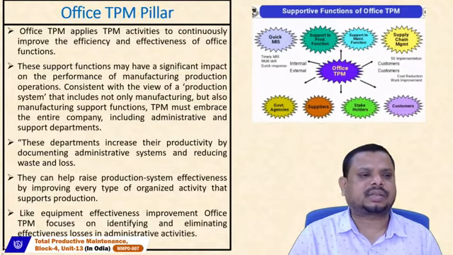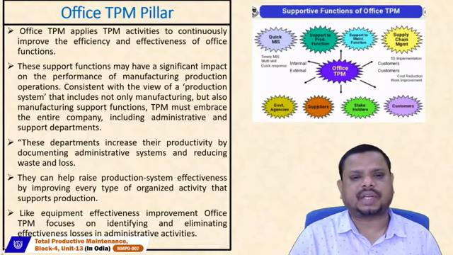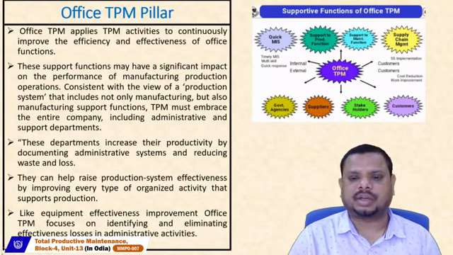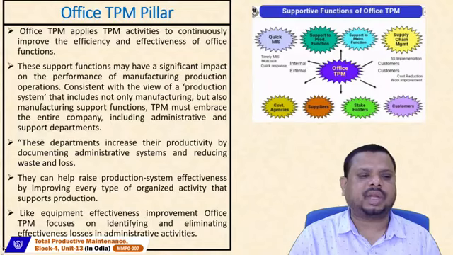In these cases, these support functions may have a significant impact on the performance of manufacturing or production operations, consistent with the view of a production system that includes not only manufacturing but also the manufacturing support activities, especially in reference to internal customers, and they also go for supportive service in the case of administrative and other departments.